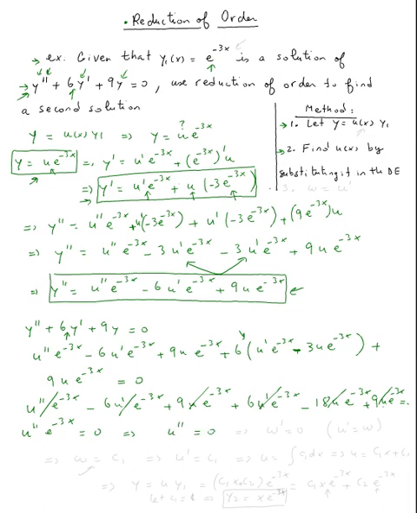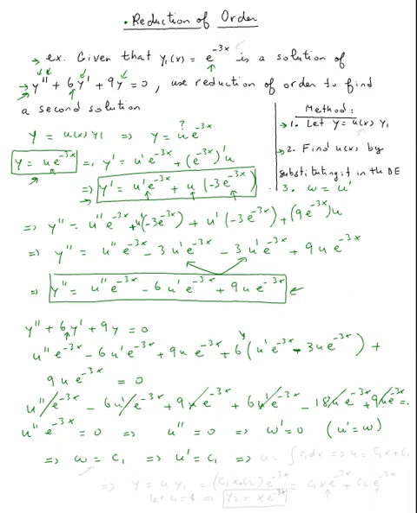Now here, maybe I should write it as a method, you always let w equal u prime. So if we do that, this means that w prime is equal to 0, and remember u prime is equal to w. This means that w is equal to a constant, let's call it c1.